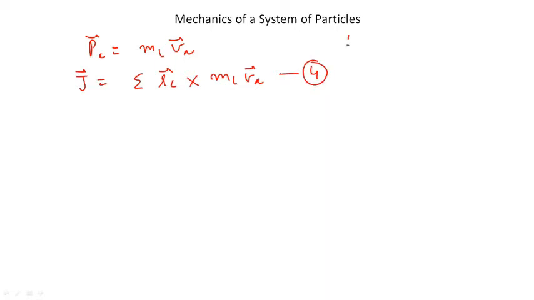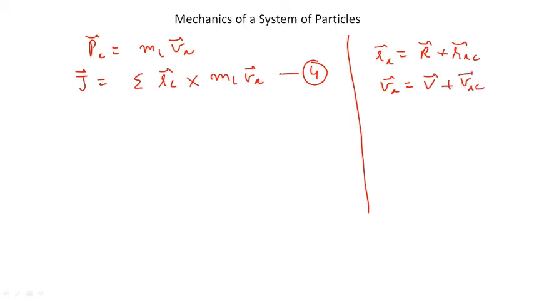Now we will use equations 1 and 2, which, if you remember, were R_i equal to R plus R_iC, and V_i equal to capital V plus V_iC. So we will use these two equations in equation 4.